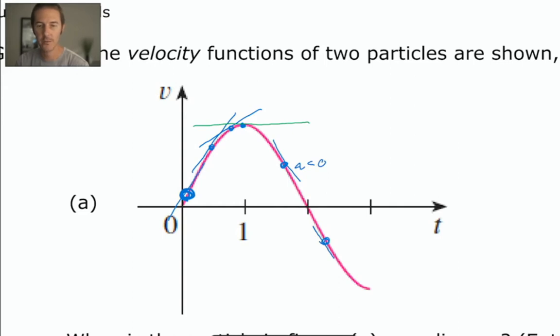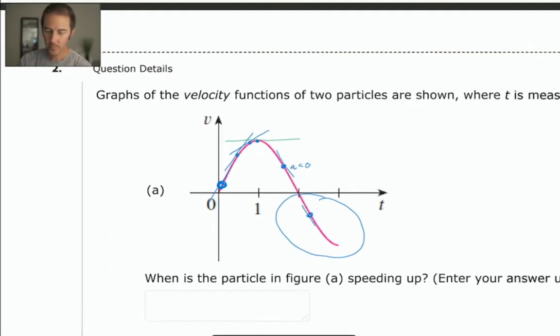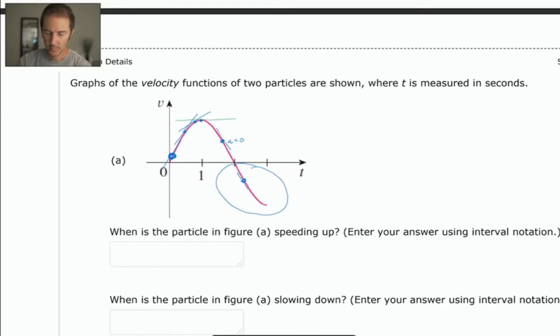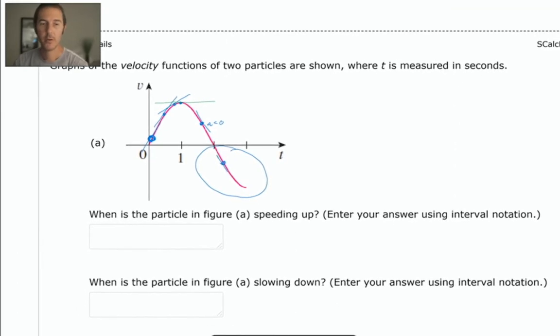So we're describing acceleration. Except here, where a is less than 0, v is also less than 0. So again, you're speeding up when velocity and acceleration are both positive or both negative. Make sure you answer using interval notation.